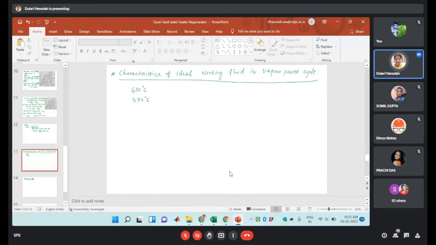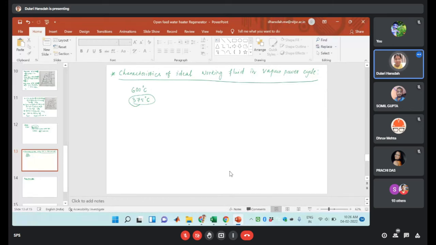And another thing is that it will not allow a high maximum temperature of heat addition, as the critical temperature is 375 degrees Celsius. So we cannot add much more heat at this high temperature. So this is one drawback.